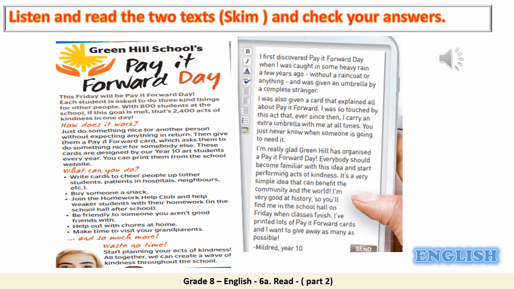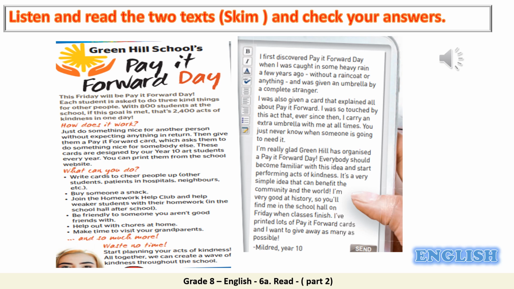Green Hill School's Pay It Forward Day. This Friday will be Pay It Forward Day. Each student is asked to do 3 kind things for other people. With 800 students at the school, if this goal is met, that's 2,400 acts of kindness in one day.